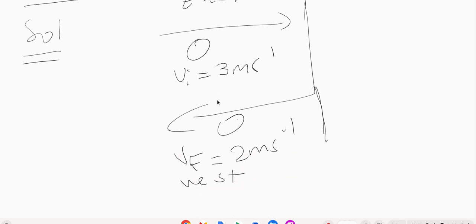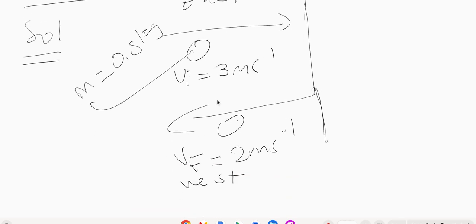So they want us to determine the momentum change, and we know the mass of the ball is 0.5 kg. So what do we do?